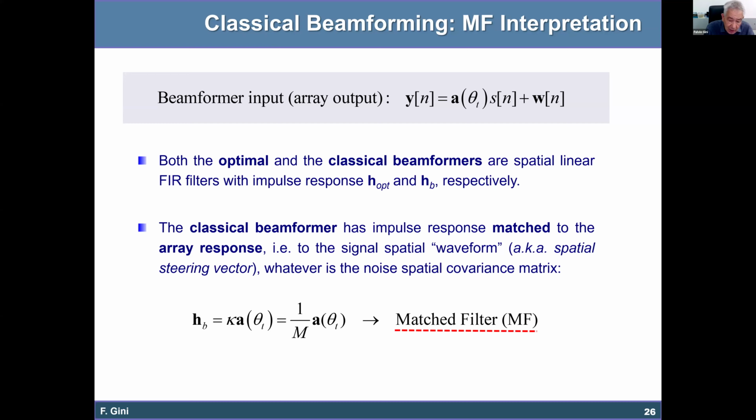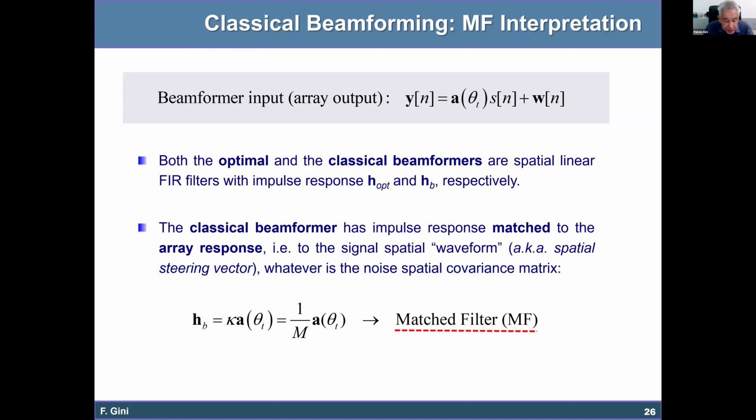But remember, the matched filter maximizes the signal-to-noise ratio only if the disturbance is white. But sometimes the disturbance is not white, because you have clutter. In sonar applications, you have reverberation, or you may have interference, which is typically directional.